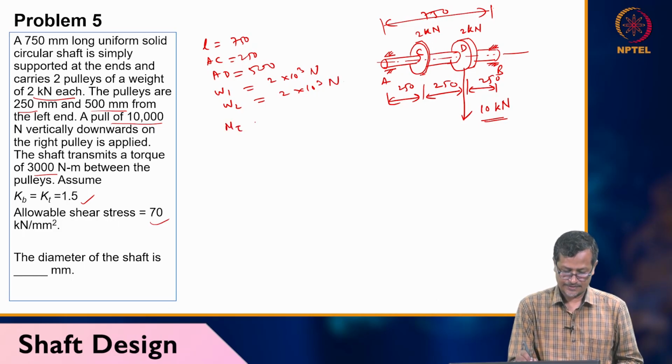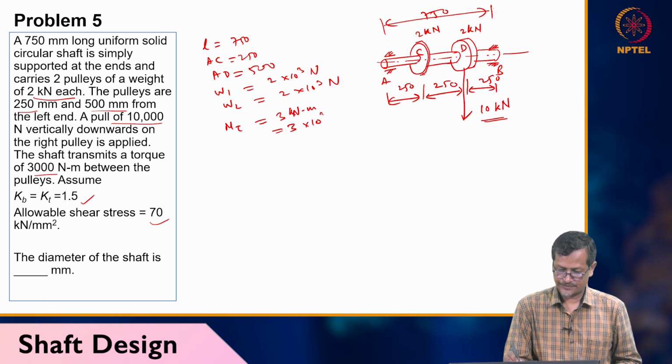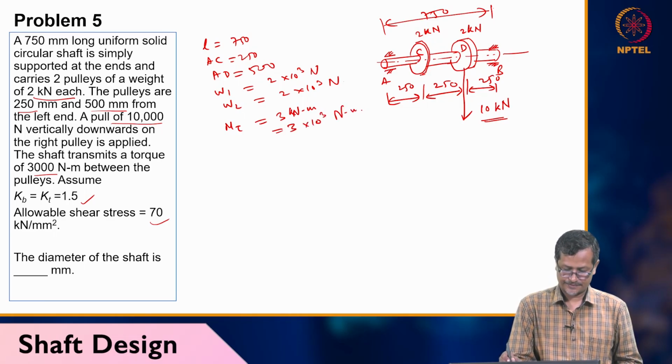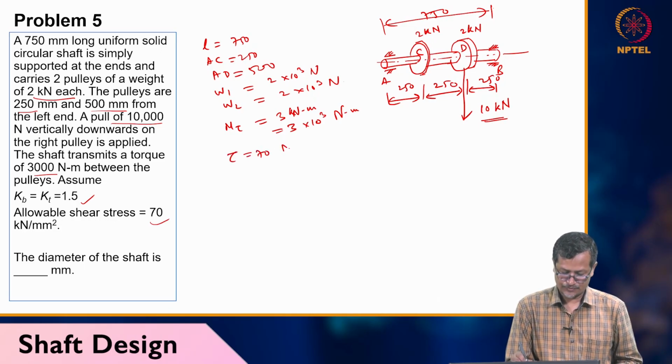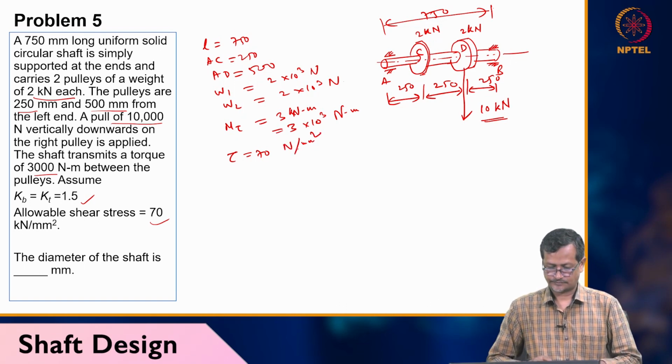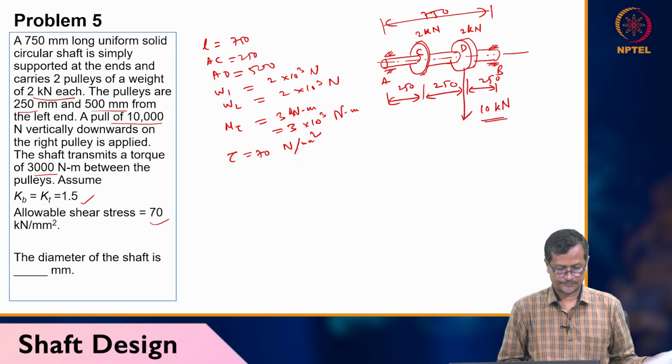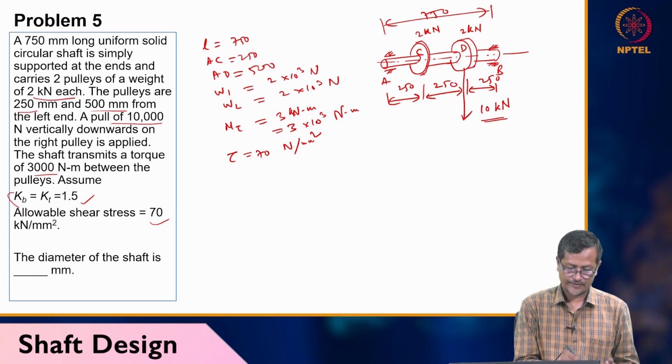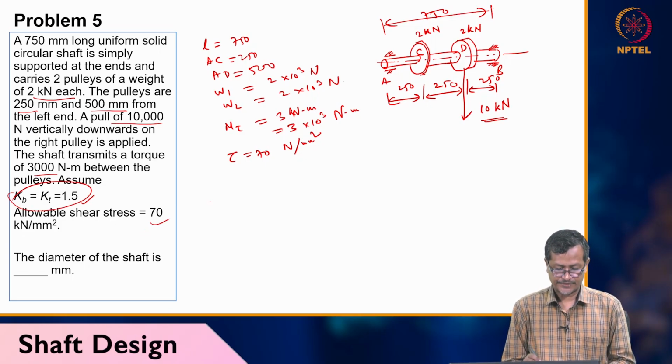MT torque is given 3 kilonewton meter equals 3 into 10 power 3 Newton meter. Shear stress is given 70 Newton per millimeter square, and KB, KT values are also given. The weight of each pulley is 2000 Newton, acting vertically downward, and the pull is 10,000 Newton vertically downward.